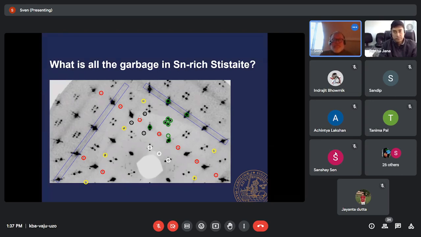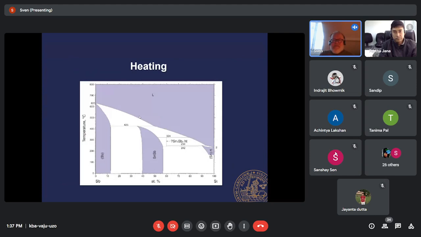So how do we understand the fact that when we start from the high temperature form, where we have the question mark, and we cool that down, we get this funny pseudo-cubic arrangement of tin and antimony? Well, looking at what's going on around it, it's not that strange. You can see that composition-wise, we are somewhere between cystite, SnSb, and tin.